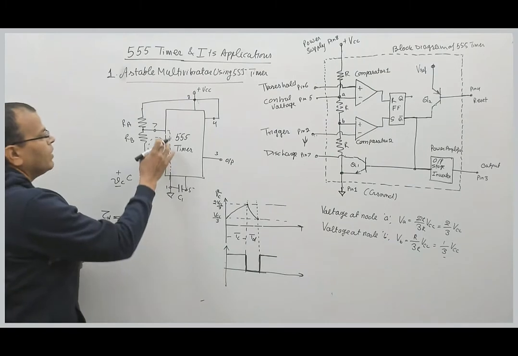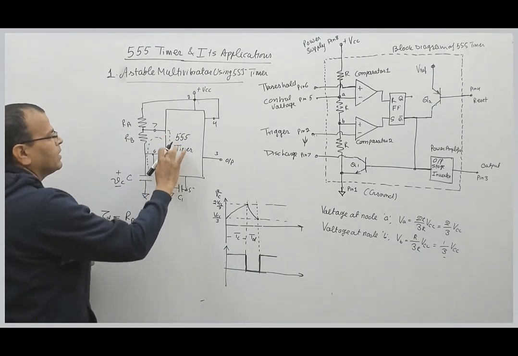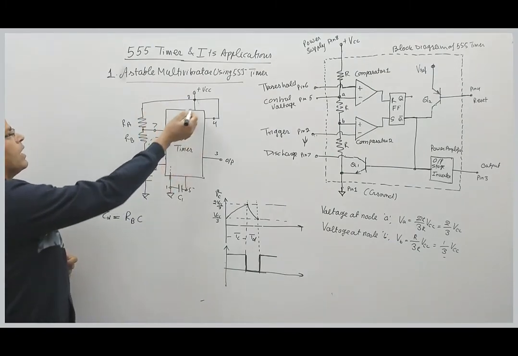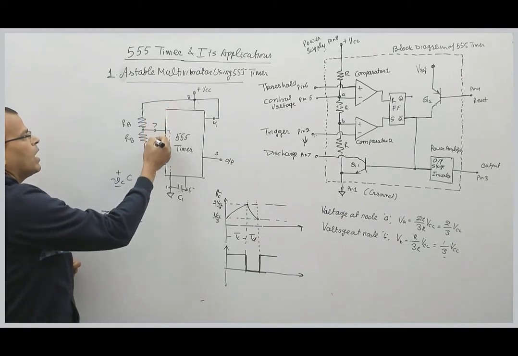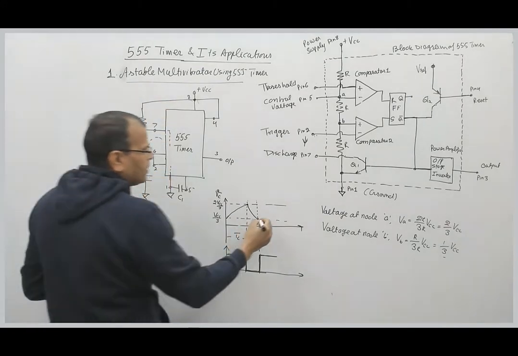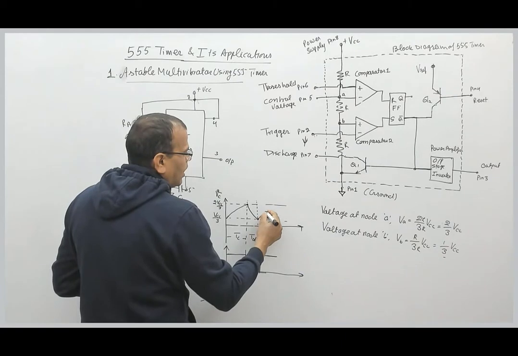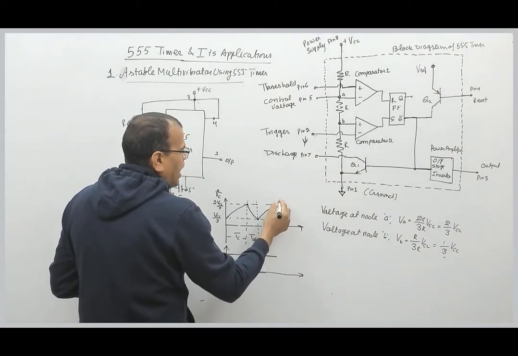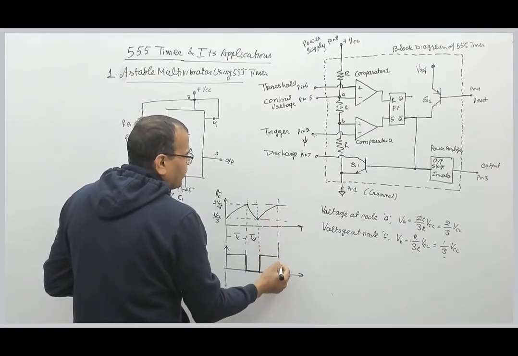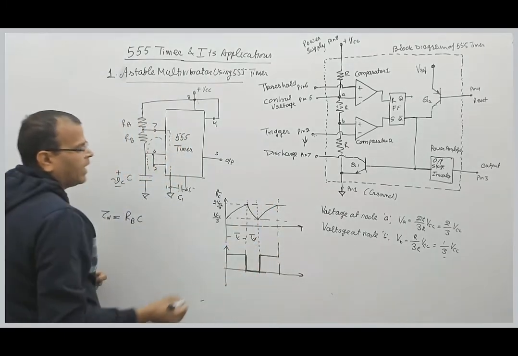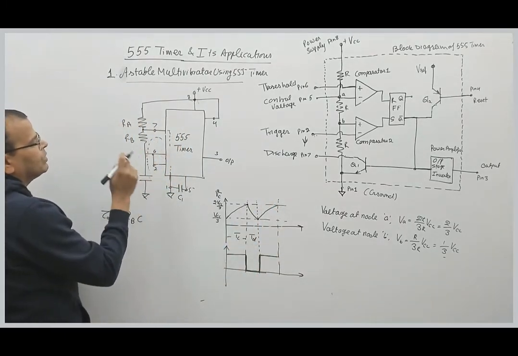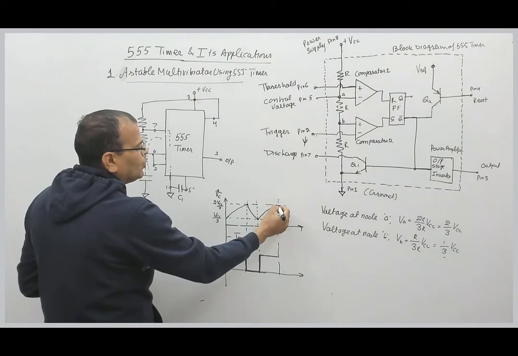And the moment it is disconnected by the transistor, again capacitor starts charging through RA and RB. At certain point of time, voltage across capacitor reaches 2 VCC by 3.